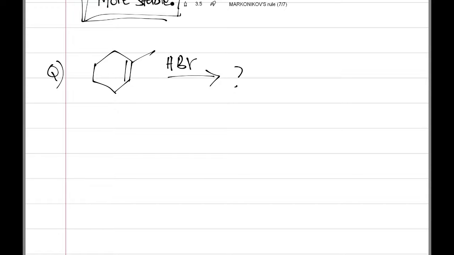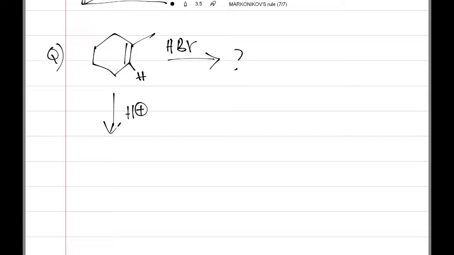What is the product of the reaction? Now I will go with this mechanism. First, H plus attacks. Where does H plus attack? Here we are having one hydrogen, but on the other carbon there is no hydrogen. That means H plus attaches to this carbon.